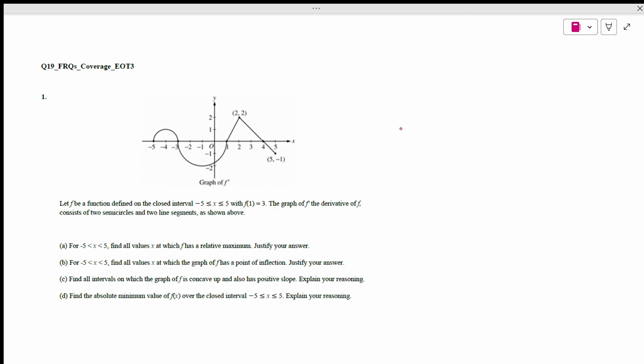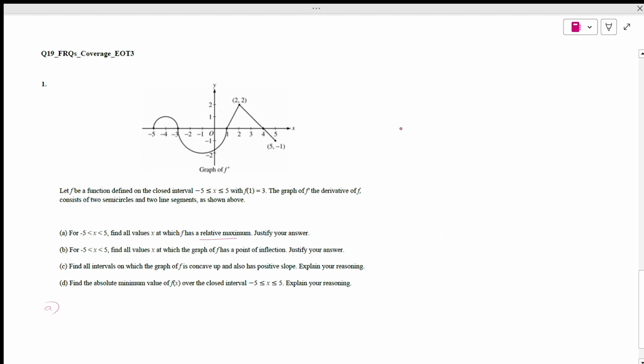The graph consists of two semicircles and two line segments as shown above. In part A, we have to find all values x at which f has a relative maximum. We know that for a relative maximum, it has to be a critical point.